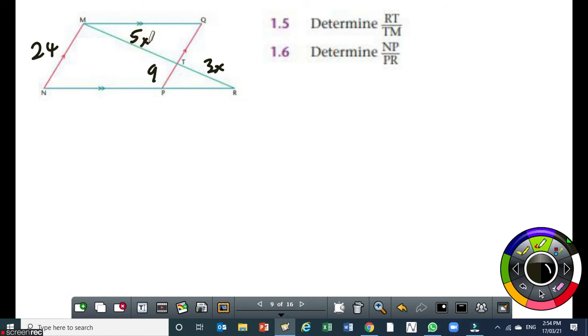Then NP, I'm going to call it 5y, and this will be 3y. Okay? And that's coming from the proportion theorem. And please be aware that it's up to there, like that.